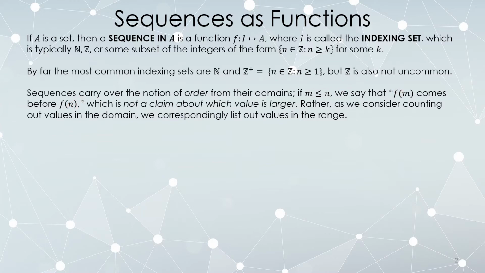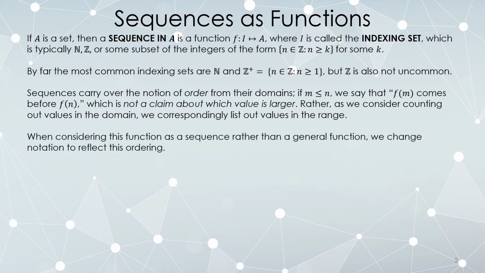So we're just considering counting out values in the domain, our indexing set, typically naturals or positive integers. So we're counting out things like natural numbers 0, 1, 2, 3, and we are correspondingly listing out values in the range. When considering this function as a sequence rather than a general function, we just have some slightly different notation. So instead of writing out f of 1, f of 2, we use subscripts, f sub 1, f sub 2.